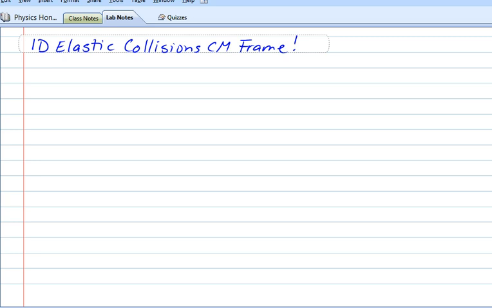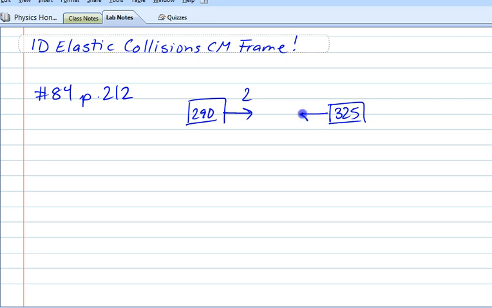Okay, so here goes. Let's go back to the Jack and Jill problem, and that was, I believe, number 84 on page 212. And what we had was Jack was 290 kilograms going at 2 meters per second, and Jill was 325 kilograms going at 3.5 meters per second the other direction.